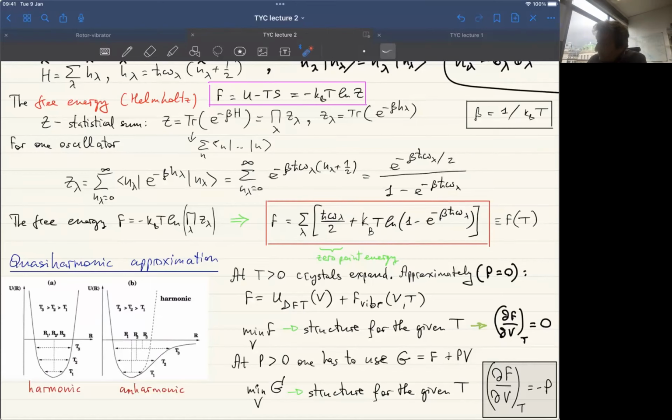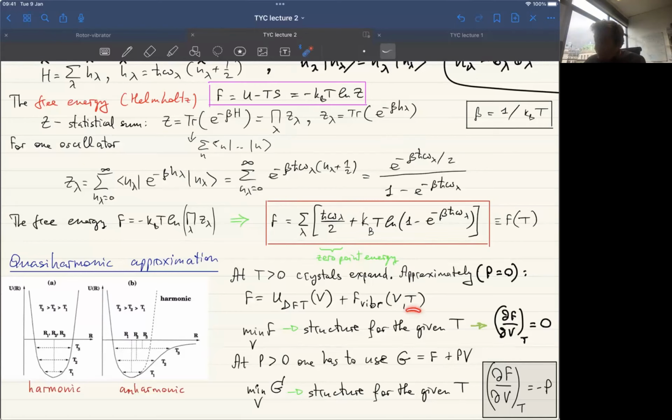So if you then add to the DFT energy that vibrational energy we obtained for the harmonic oscillations, this vibrational energy would also depend on the volume at which you calculated it.